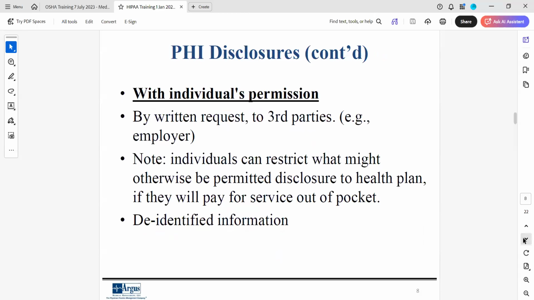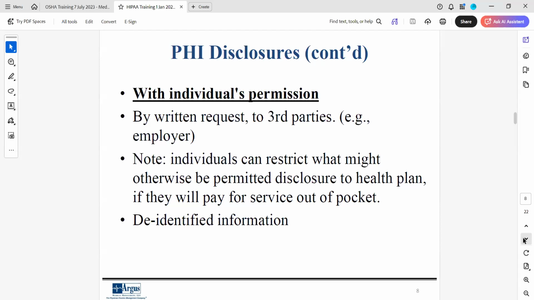Now, when you have the individual's permission, you can also disclose the PHI, but it's going to be by written request to a third party, like an employer or a life insurance company. And the individual is allowed to restrict what might otherwise be permitted to health plans if they pay for a service out of pocket.